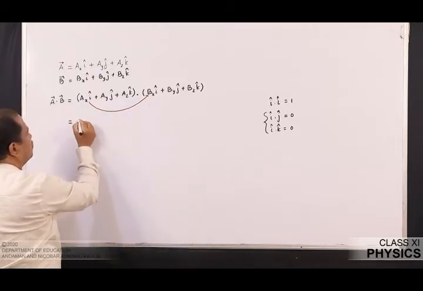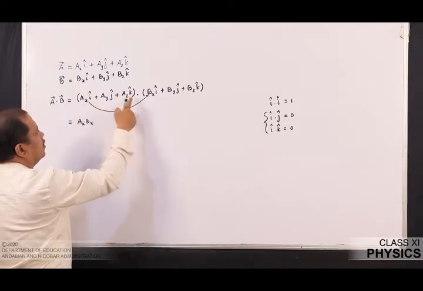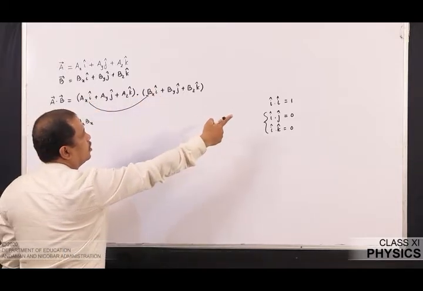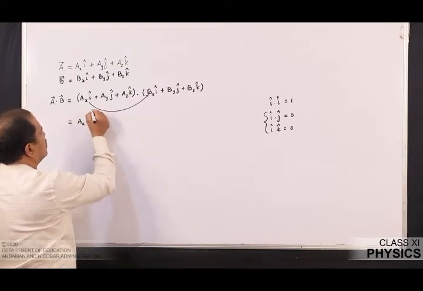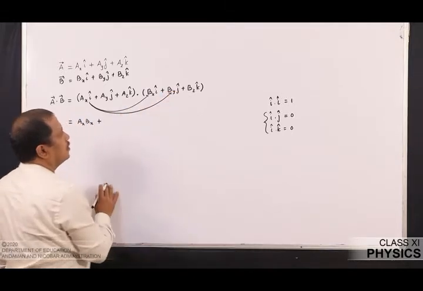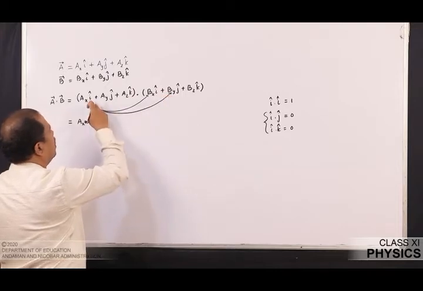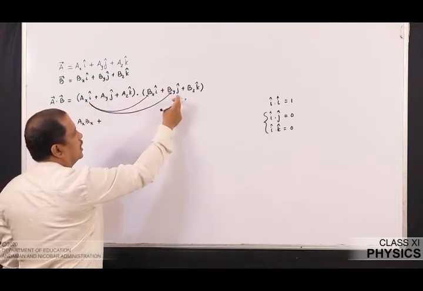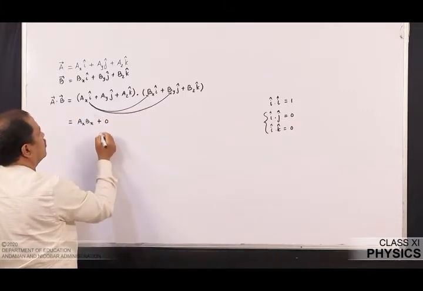So I am going to have Ax Bx i dot i, which is going to be 1. Plus, second, I am going to take this one and this. This is Ax By i dot j, and i dot j is going to be 0 for me. So this term is going to be 0.